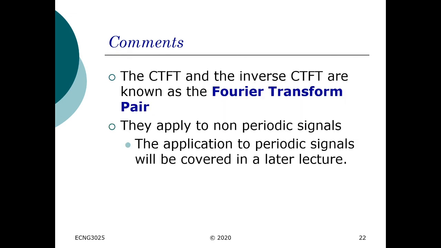The CTFT and the inverse CTFT are known as the Fourier transform pair for continuous time signals, and they only apply to non-periodic signals. So the Fourier series is used for periodic signals, but the Fourier transform is used for non-periodic signals. There is also a possibility of how we can use the Fourier transform to apply to periodic signals, but we'll cover this later on in a lecture when we start discussing different types of Fourier transforms.